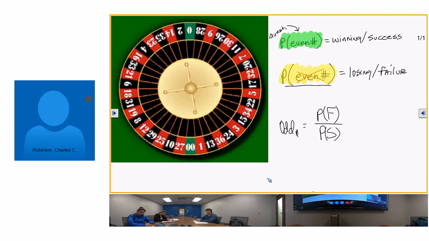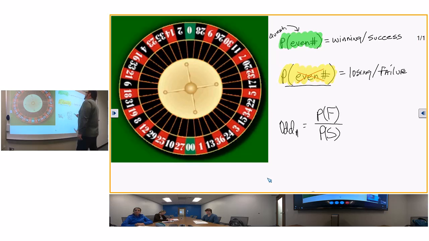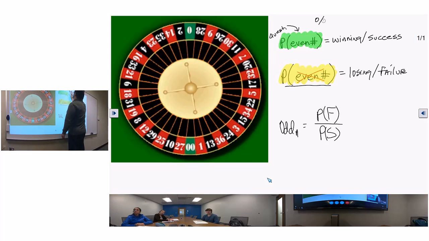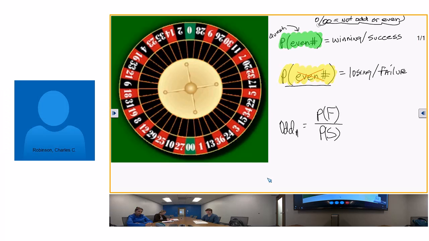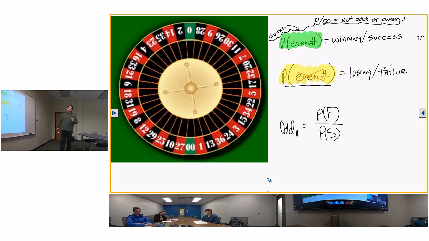They're also going to tell you that there's 1 through 36 and 0 and 00, but 0 and 00 are not odd or even. Okay, so all of this is given. All right, 0 and 00 are not odd or even.